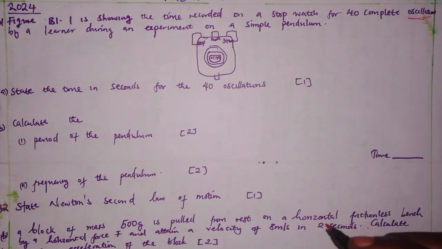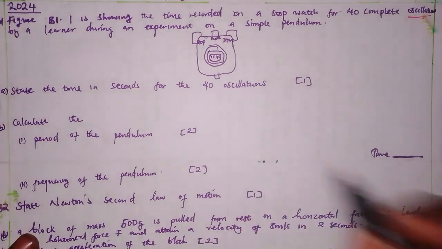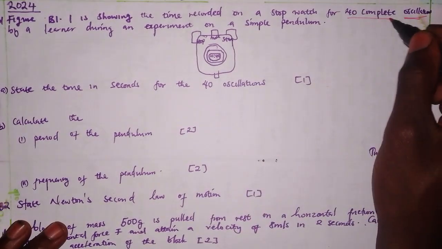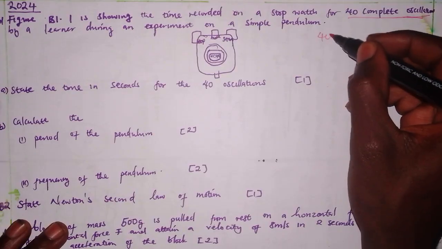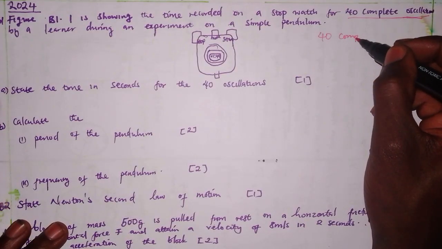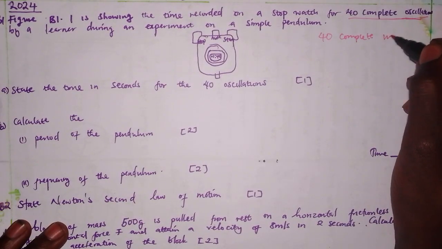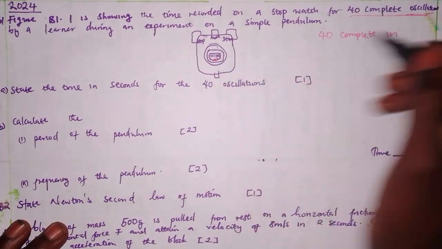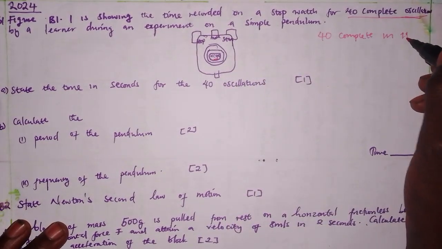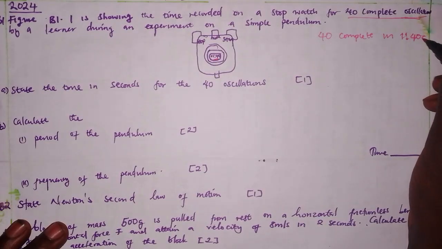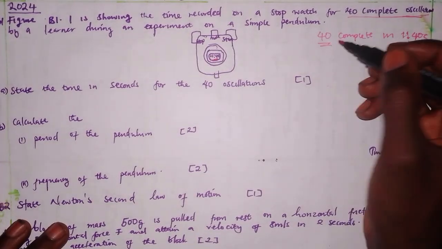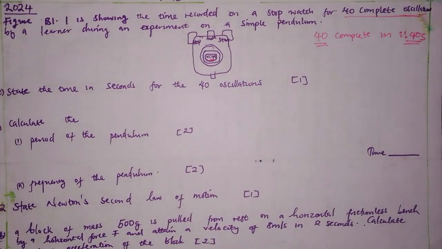So this student completed how many? 40 complete oscillations in how many minutes? 1 minute 40 seconds. So these are the data which we have.